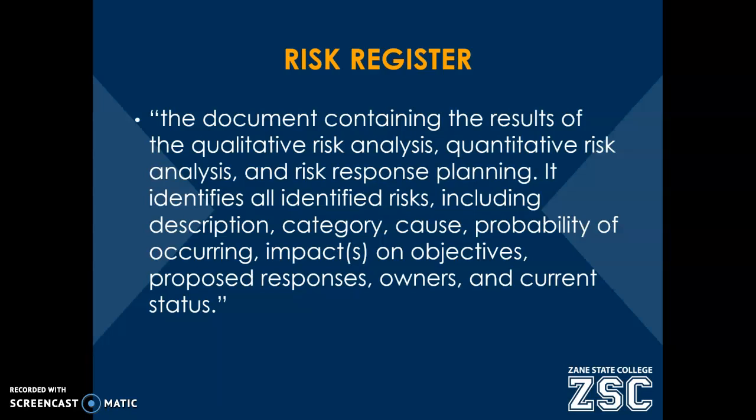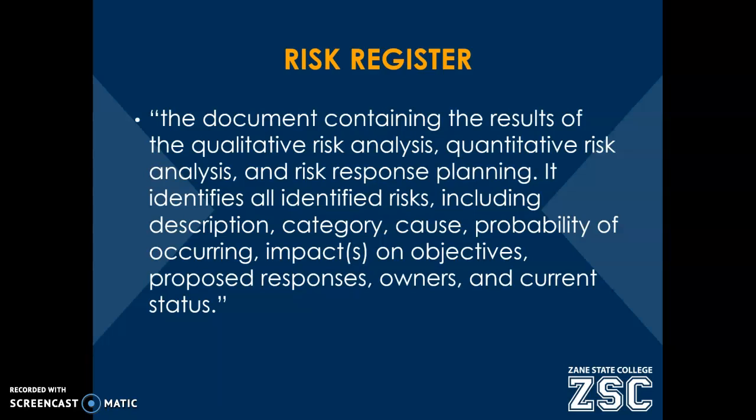The PMI identifies or defines a risk register as the document containing the results of the qualitative risk analysis, quantitative risk analysis, and the risk response planning. It identifies all identified risks, including description, category, cause, probability of occurring, impacts on objectives, proposed responses, owners, and current status.